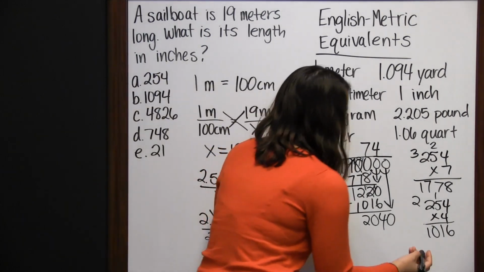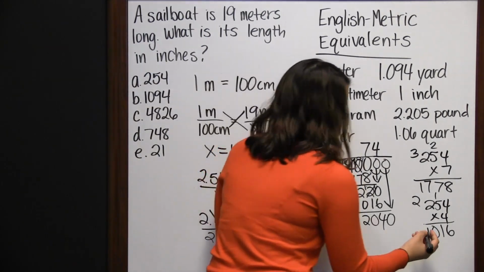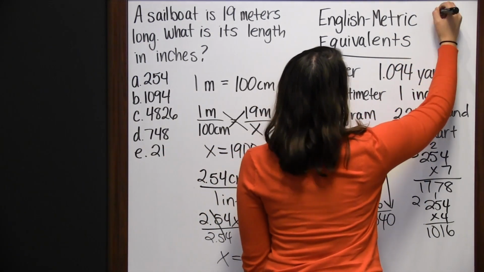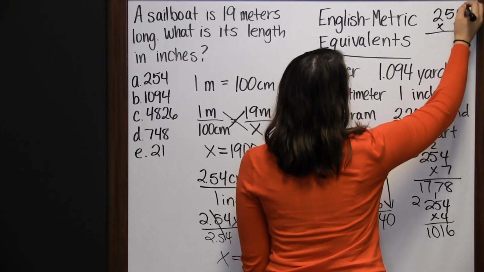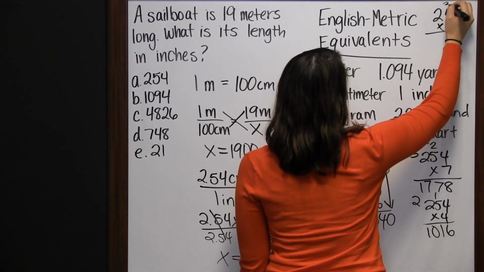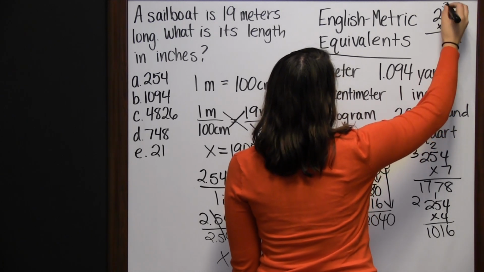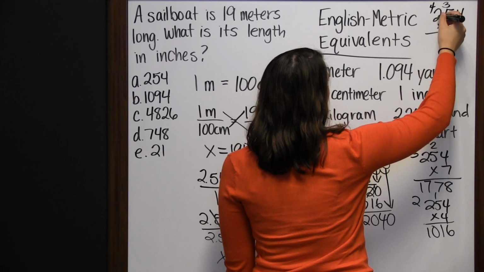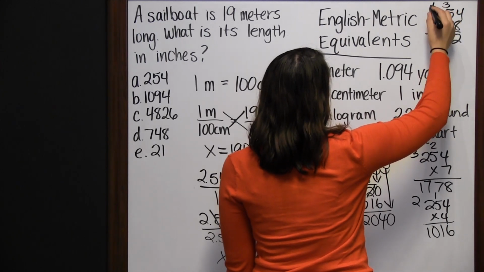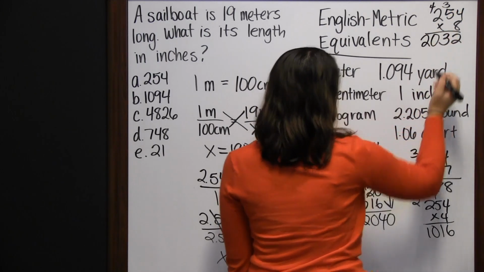So let's check that. We'll just do it up here. 254 times 8. 8 times 4 is 32. 8 times 5 is 40, plus 3, 43. 8 times 2 is 16. 16 plus 4 is 20.